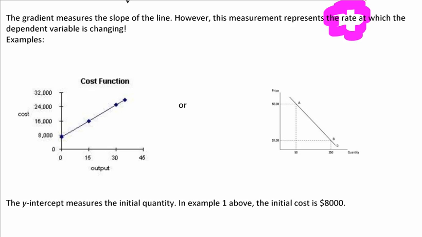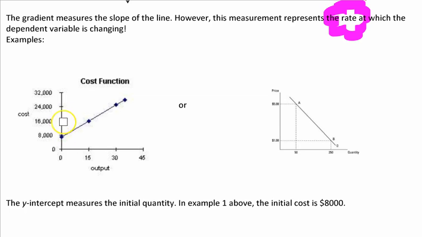So now when you're asked about the meaning of the gradient, you're going to be expected to give a worded description of the gradient. Let's have a look here at this first example. And it's about the cost of producing some items. We can see that this line has a positive gradient. When you're asked what does the gradient represent, you don't say rise over run anymore.